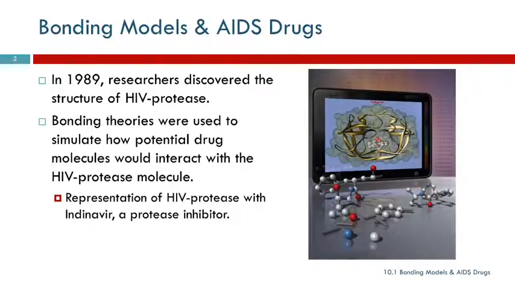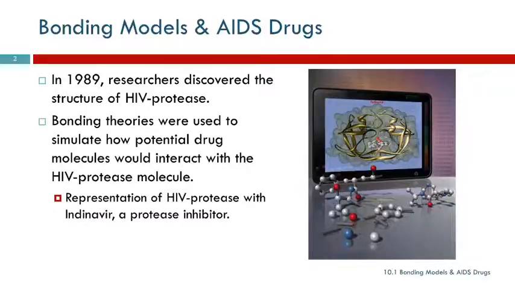So back in 1989, which just disturbs me because that was before many of you were born, quite a while before you were born. HIV was a relatively new problem, and research into that was a very big deal.